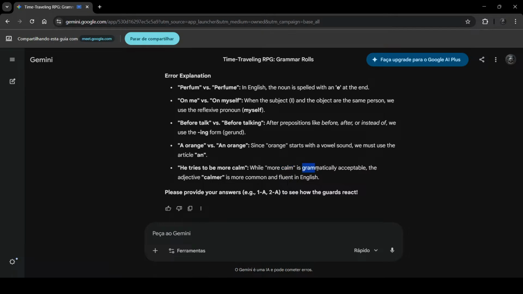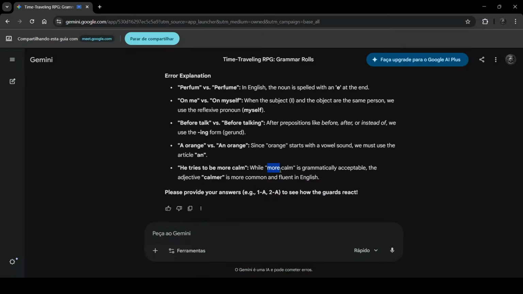It's grammatically acceptable, sometimes. But when we have a one-syllable adjective, we do this: big, bigger. Strange has one syllable, stranger. Tall, taller. We put more when there's more than one syllable, like dangerous, more dangerous, famous, more famous, expensive.